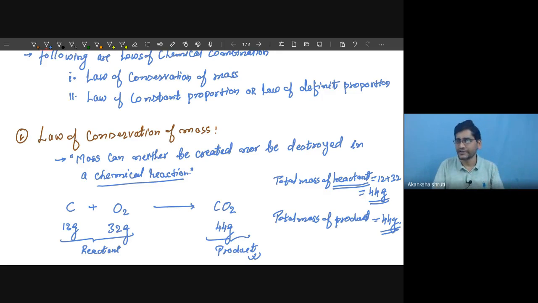For that, during the experiment, carbon was taken and oxygen was taken, and the reaction was carried out. Carbon and oxygen reaction means burning. It was simple burning. It was observed that if 12 gram of carbon is taken, it burns with 32 gram of oxygen.